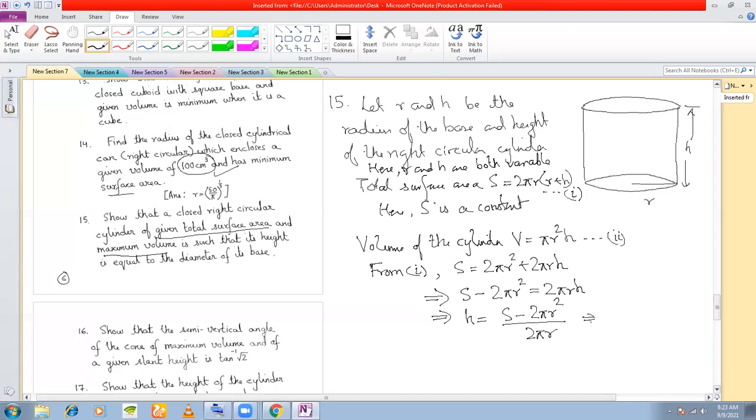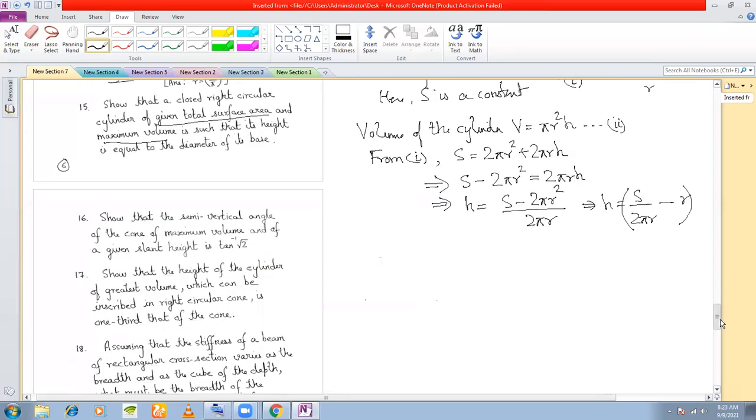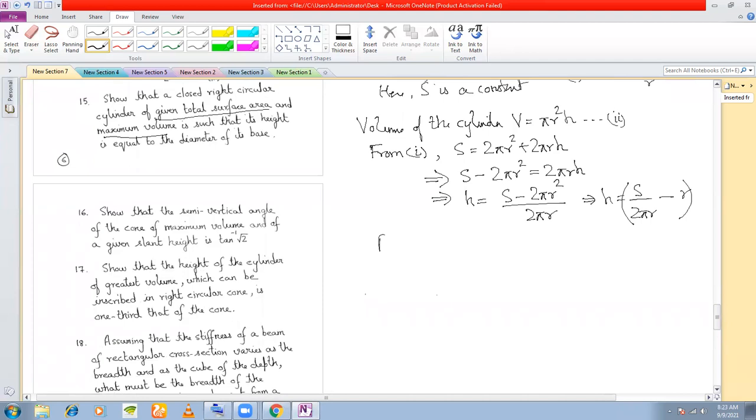So you can also write this as h is equal to S divided by 2 pi r minus r. Okay. Putting this value into volume in 2, we get V is equal to pi r square, and h we have found out as S by 2 pi r minus r.